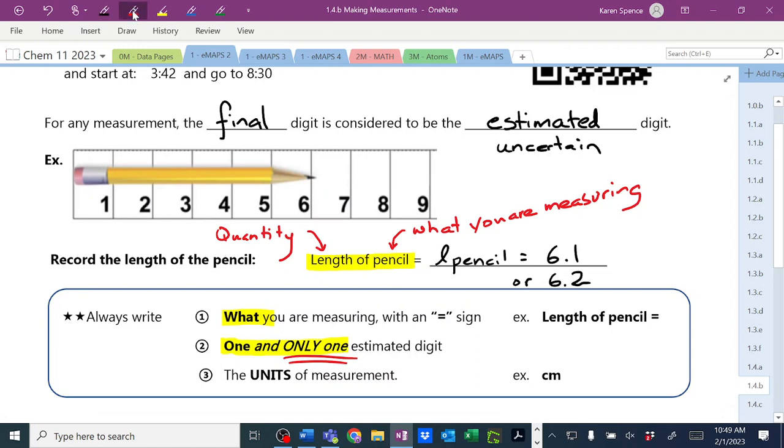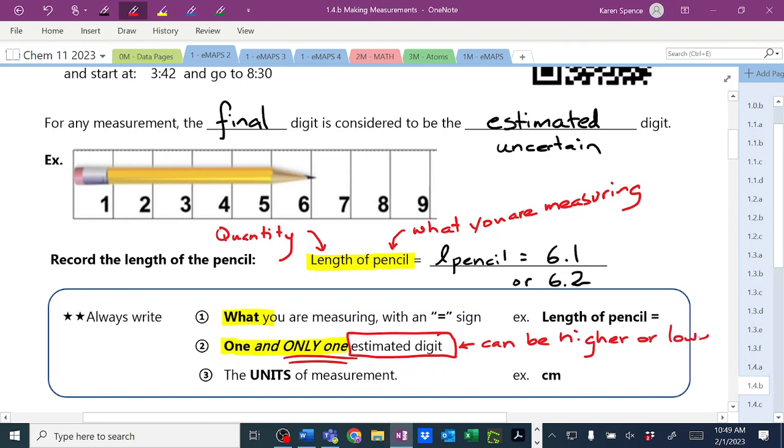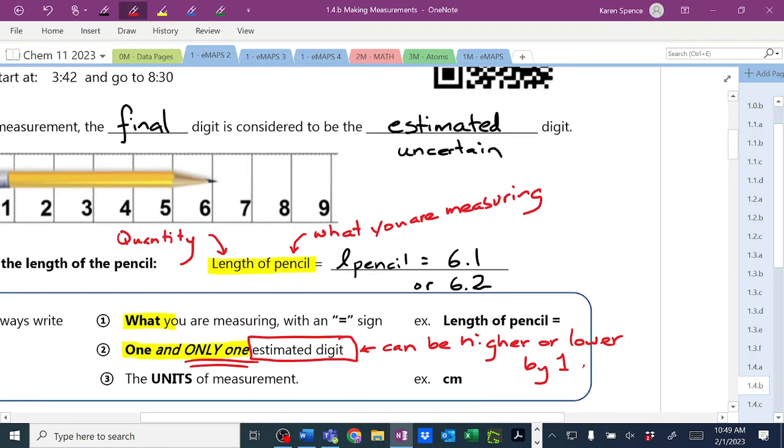Okay, that estimated digit can be higher or lower by one digit. So if you write 6.1 and your partner writes 6.2, is that okay?